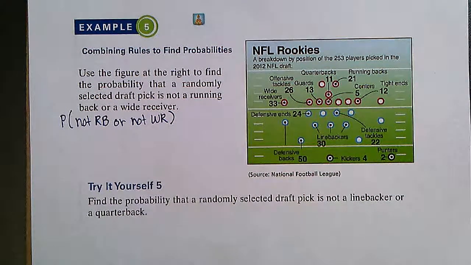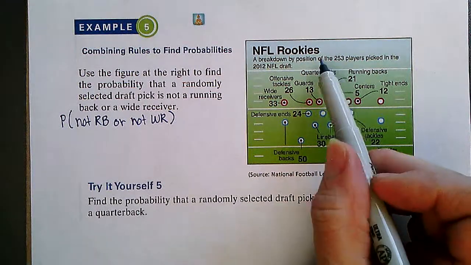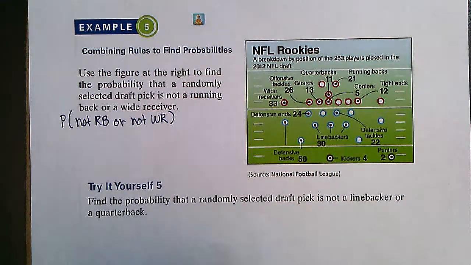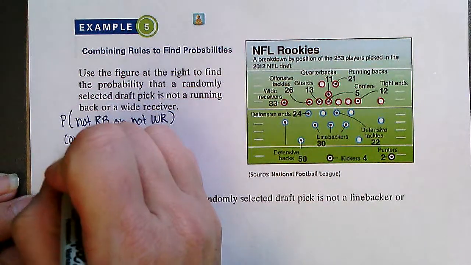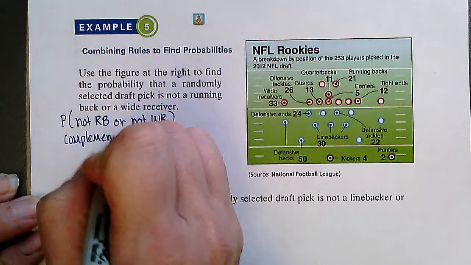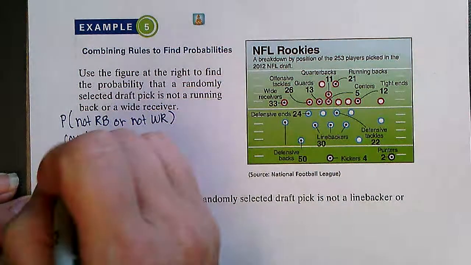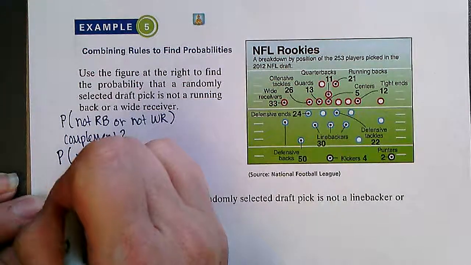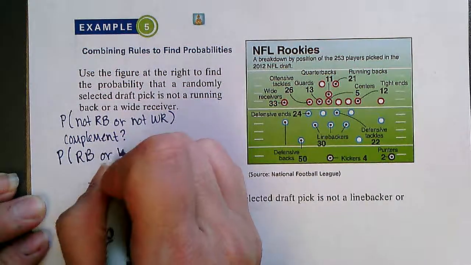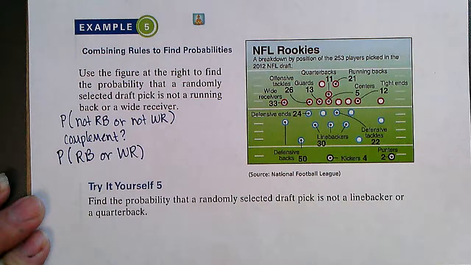Since we have all of these 253 players, we could use the complement of that event to figure out this answer. So what is the complement? The complement of being not a running back or not a wide receiver would be being a running back or being a wide receiver.